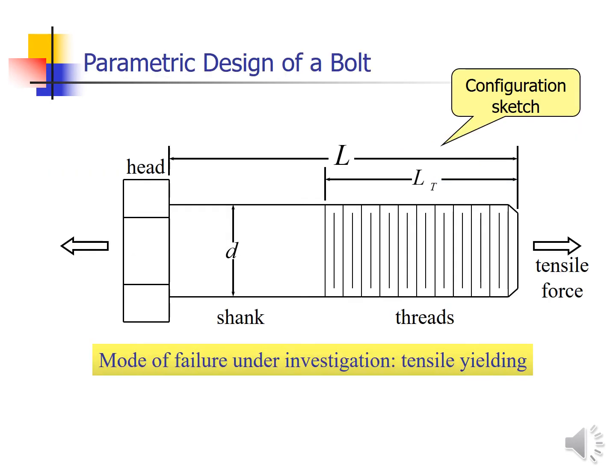This is an example of a bolt. We have a parametric design for the total length, the total thread, D for the shank, and left and right for tensile force. Now the mode of failure under this situation is tensile yielding.